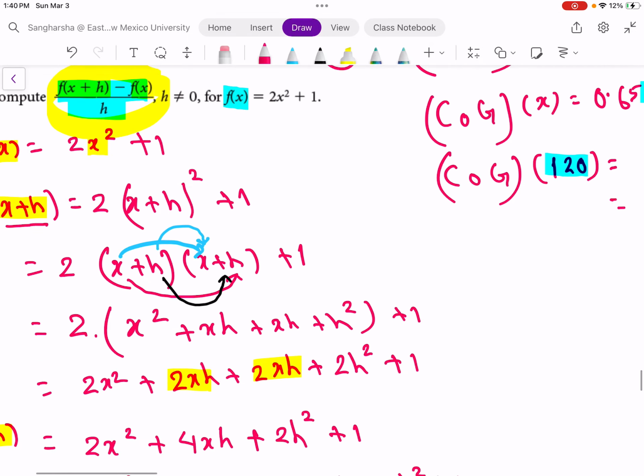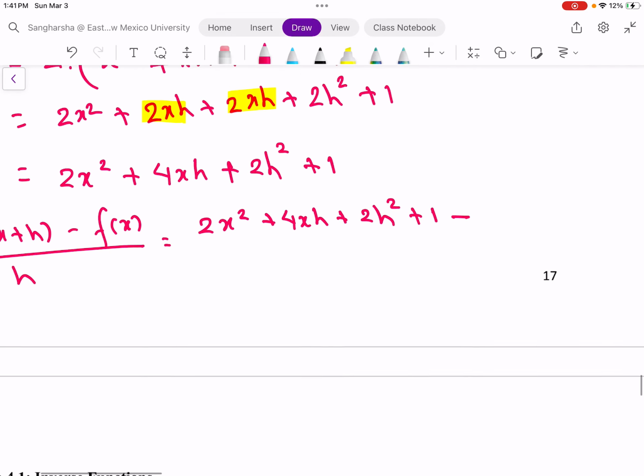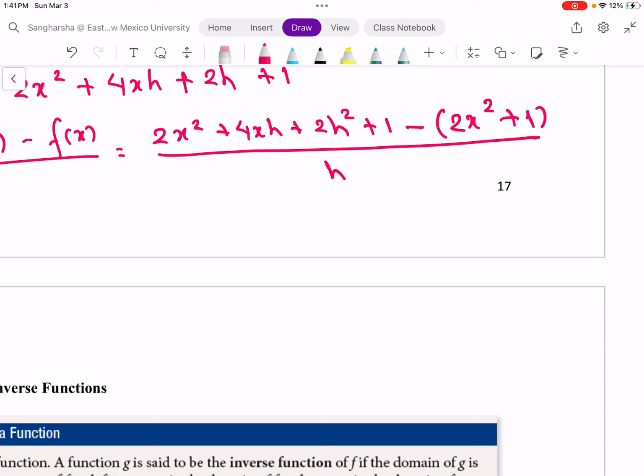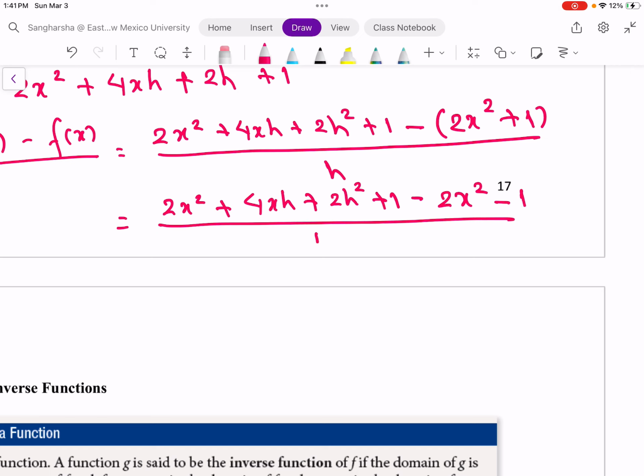Our f of x is 2x squared plus 1. We have two terms, so make sure you have the parentheses: 2x squared plus 1, divided by h. Now let's get rid of the parentheses. You distribute the negative, so we have 2x squared plus 4xh plus 2h squared plus 1, negative times positive 2x squared is negative 2x squared, negative times positive 1 is negative 1, divided by h.